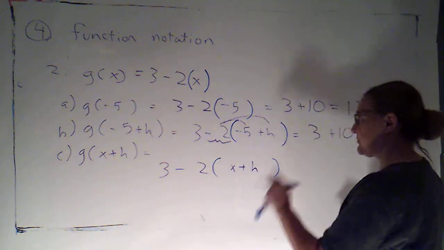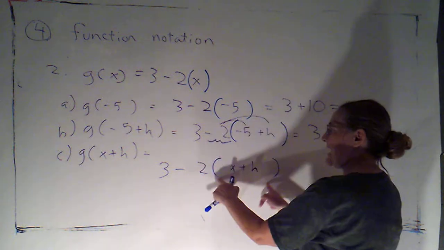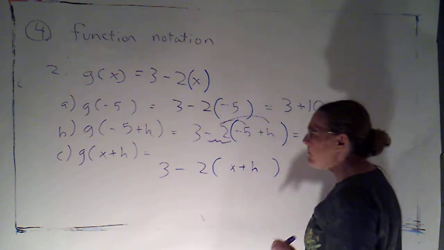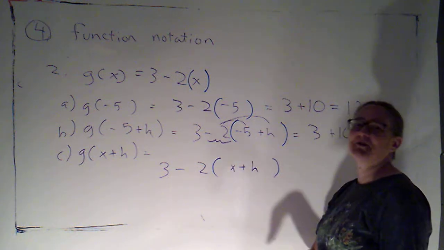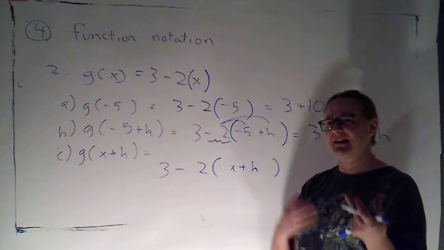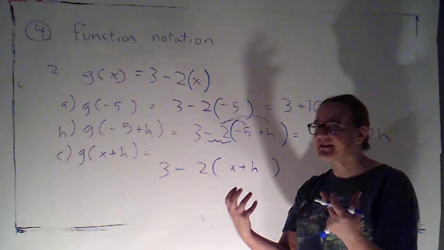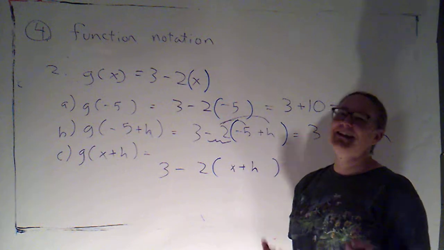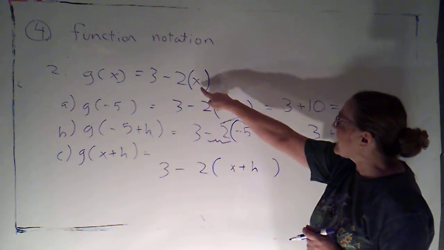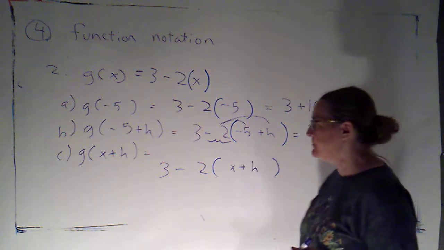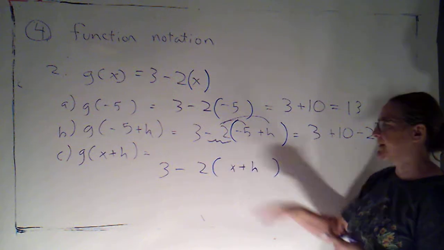So this is a place where I find it super helpful to replace the x with these empty parentheses, because that way I'm saying what's in parentheses here goes in parentheses here. That feels more natural to me than saying I'm going to replace x with x plus h, because x and x plus h are different things unless h happens to be 0. Okay, so remembering that x is just a placeholder for your input, if your input is x plus h, that's what goes in the parentheses here.